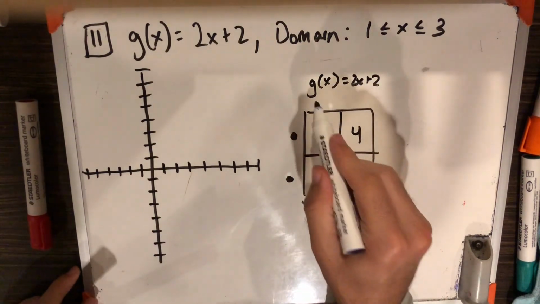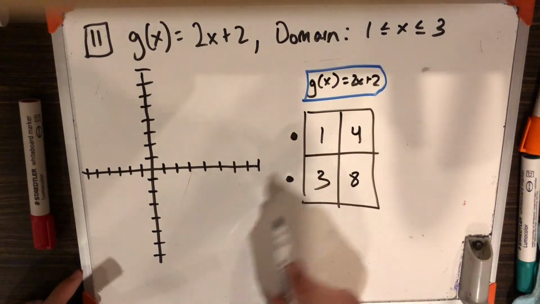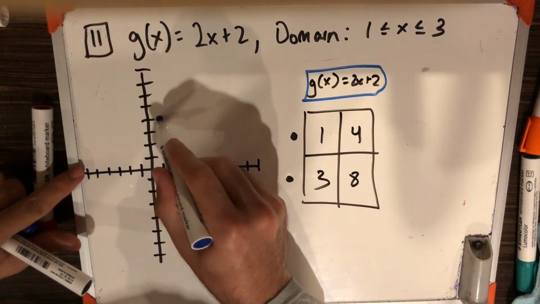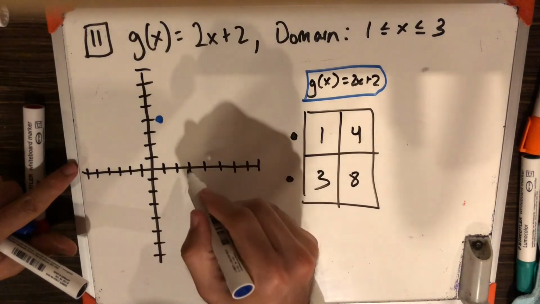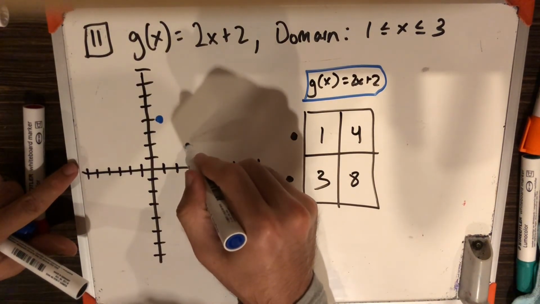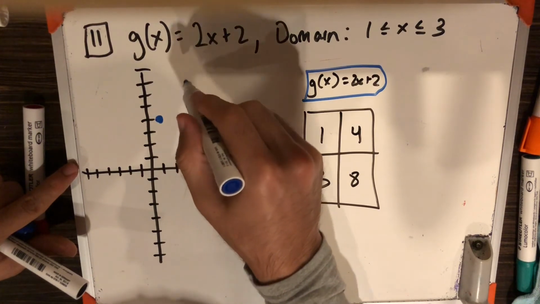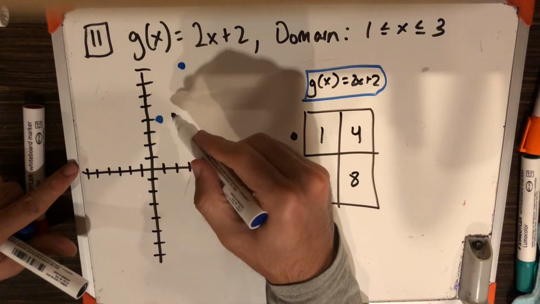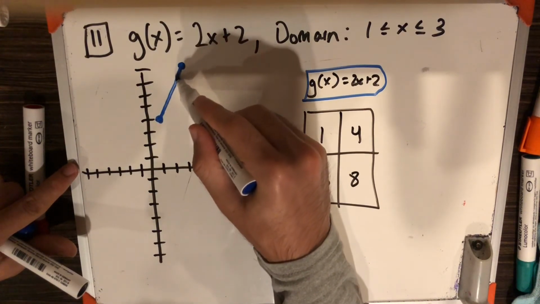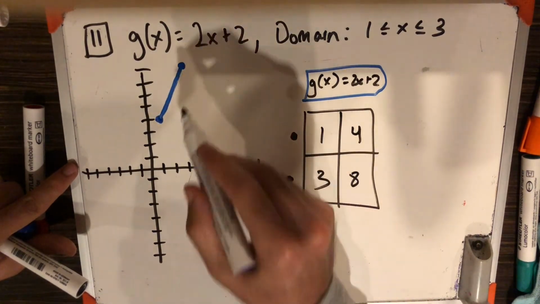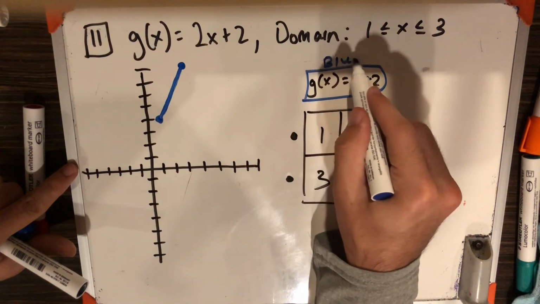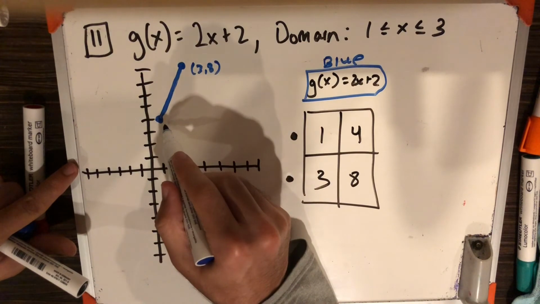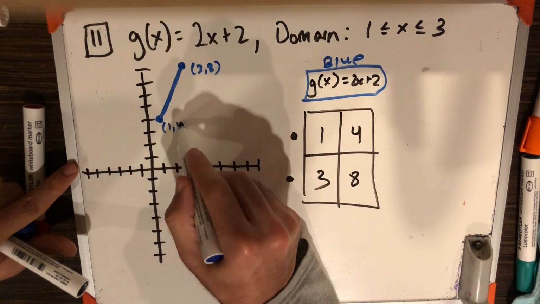So I'm graphing g of x first using these 2 points, 1 and 4, and 3 and 8. 1, 2, 3, 4, 5, 6, 7, 8. Okay, so this is how g of x looks, again, I put this in blue. Again, that was 3 and 8, and that was 1 and 4.